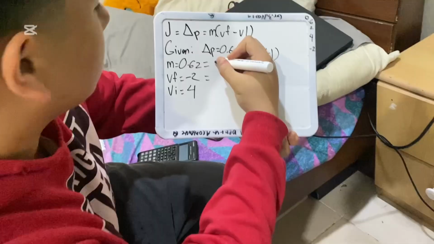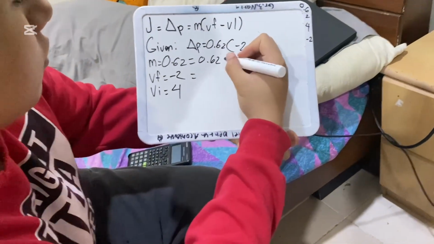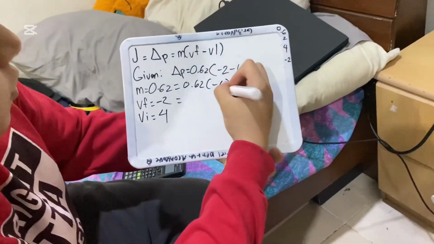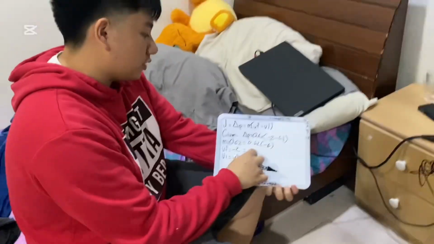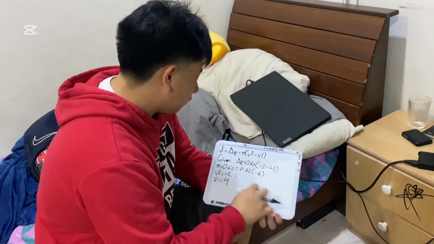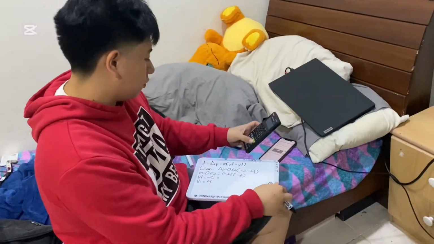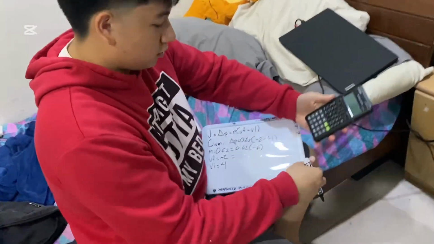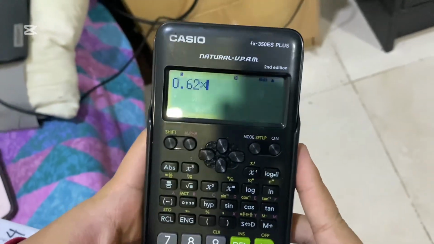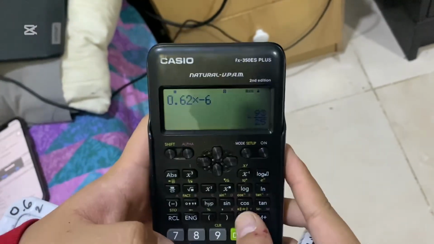So 0.62 times -6. Now what we're left to do is compute the two variables left. So 0.62 times -6, and we have negative.